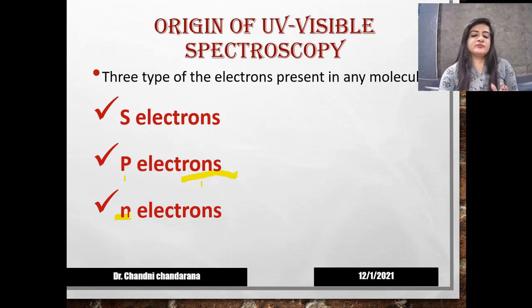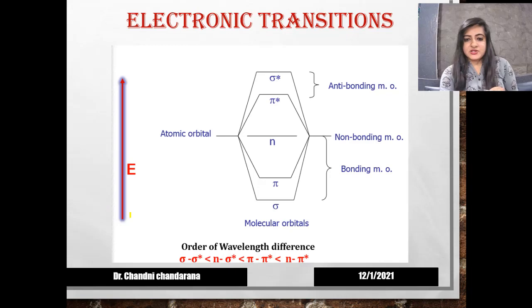Here, E means energy and MO means molecular orbital. Just look at this chart. Here you can see the sigma electron, pi electron and n electron.